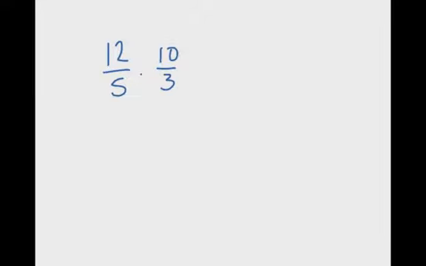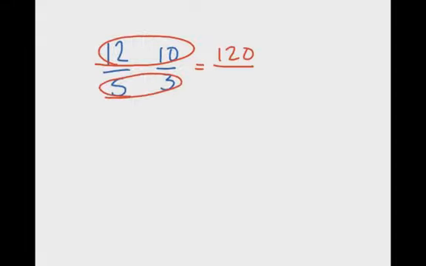If you remember, when multiplying fractions, we multiply straight across. So we would have 120 over 15. And then we would think, how can we reduce this? At first glance, we see that we can pull out a 5, on both the top and the bottom.